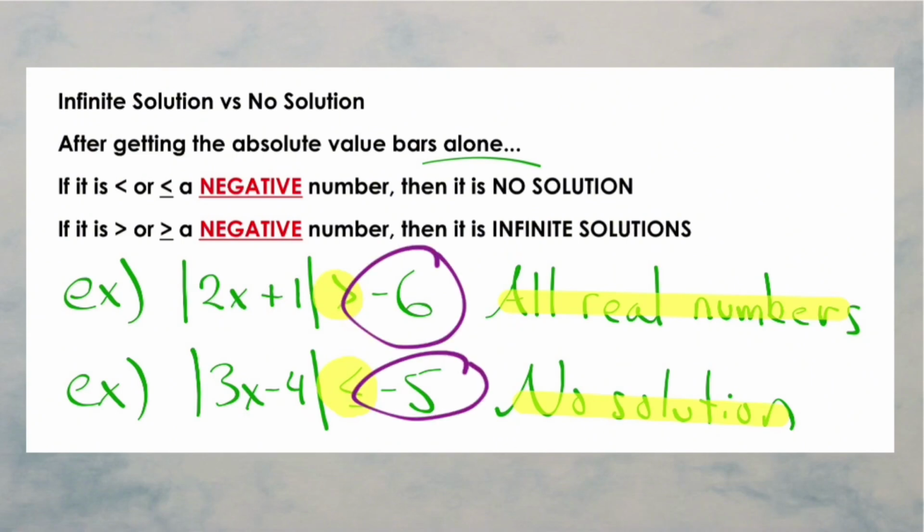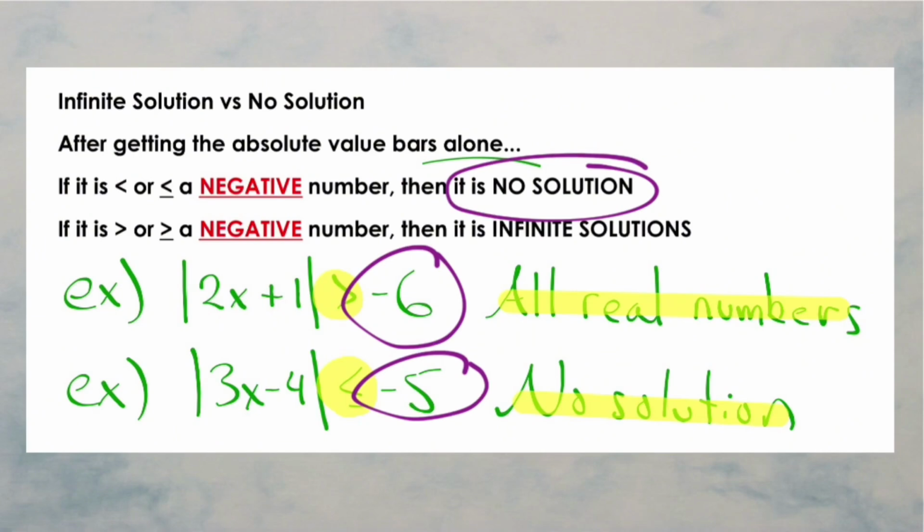If you have a negative number on the other side of the inequality, again, notice there is nothing in front of this absolute value bar anymore. There's no number being added or subtracted. The bars are alone. If the sign is the less than or the less than or equal to sign, that is called no solution.